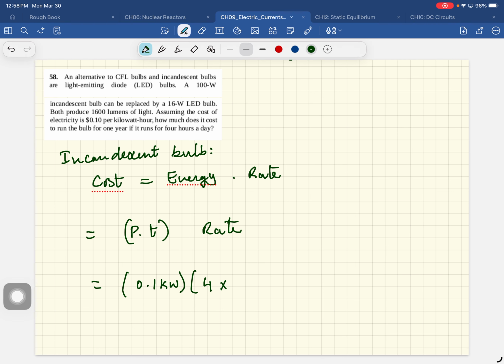How much does it cost to run the bulb for 1 year? 365 days. And the rate is 10 cents per kilowatt hour. All right, so that's how much it costs you to run the incandescent bulb.